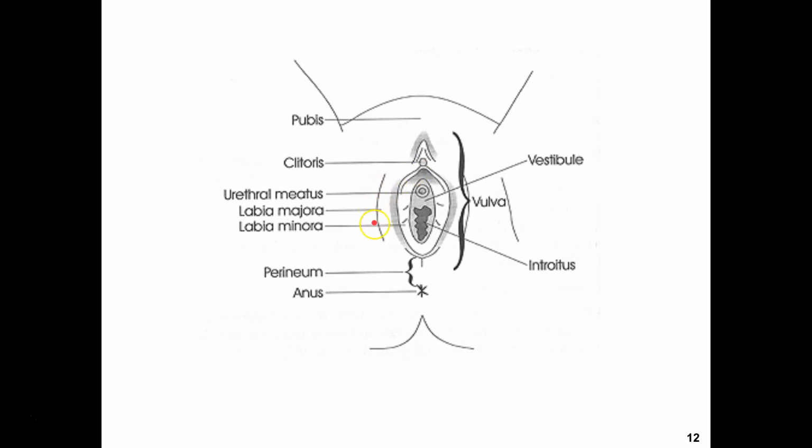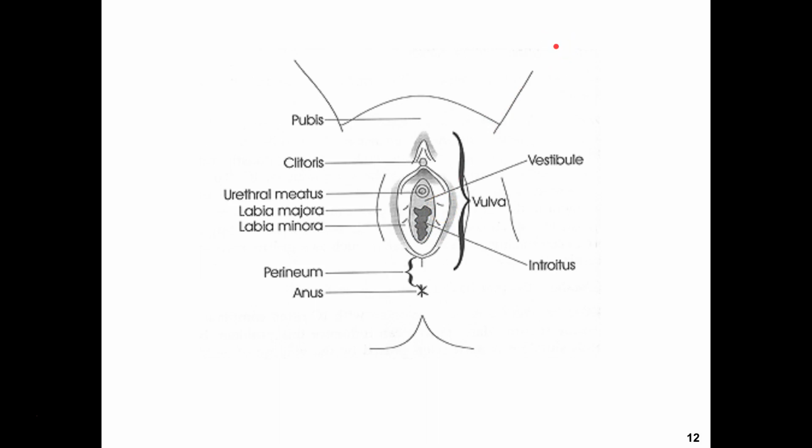And the outside-most part here is the labia majora. Internal to that, or just inside of that, you have the labia minora. And then you have the opening to the vagina here, as well as the opening of the urethra here, just anterior to the opening of the vagina.